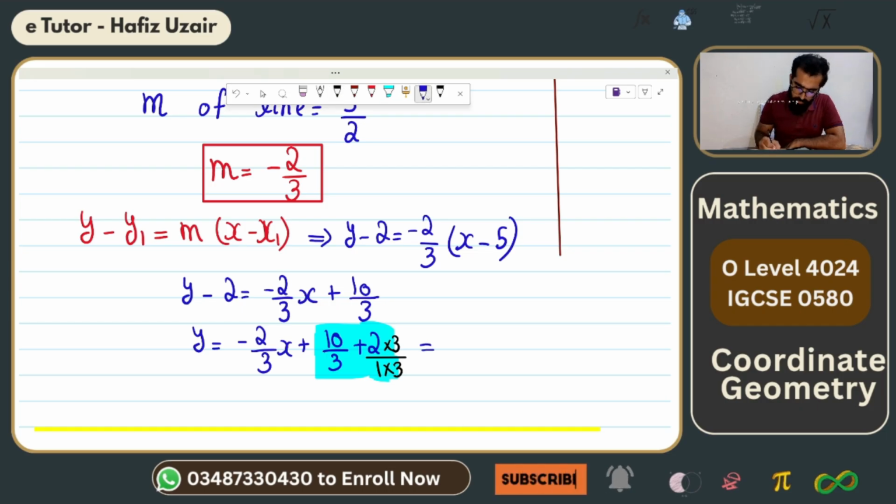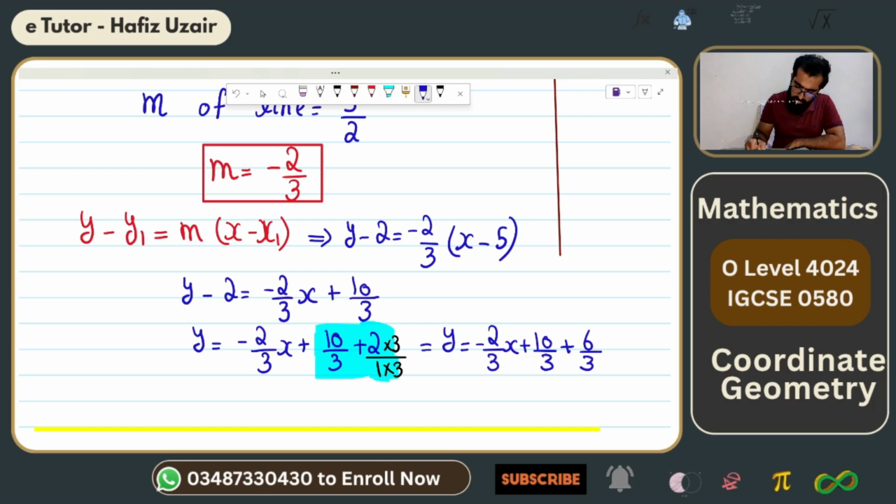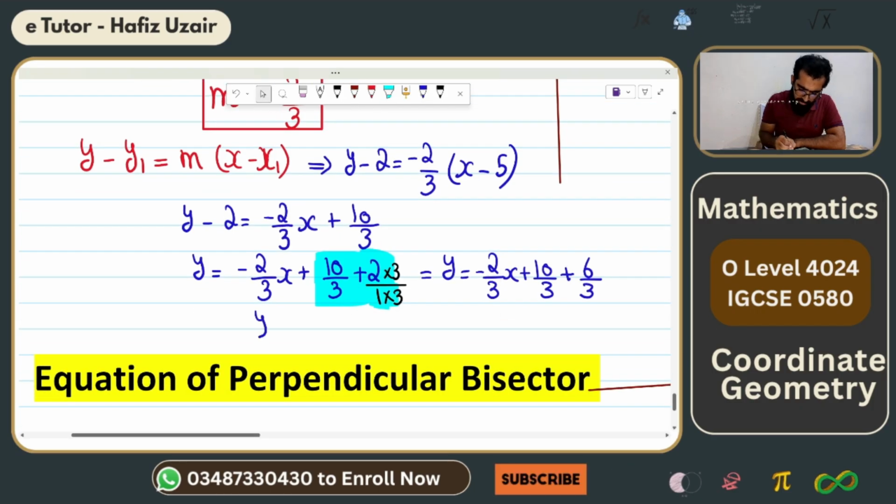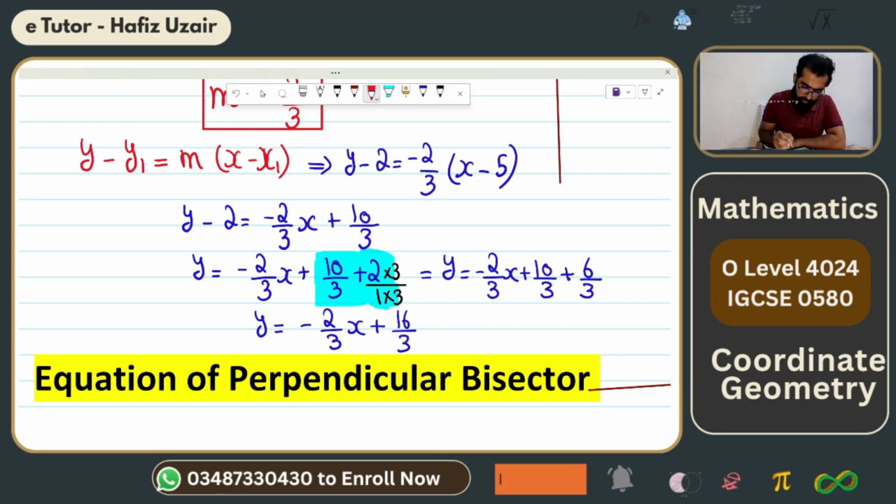So we will get y equals minus 2 by 3 x plus 10 by 3 plus 6 by 3. Now if we solve these two terms, we'll get y equals minus 2 by 3 x plus 16 over 3. So this is the equation of the line. Hopefully it's clear, and if you have any sort of problem, you may ask in the comments.